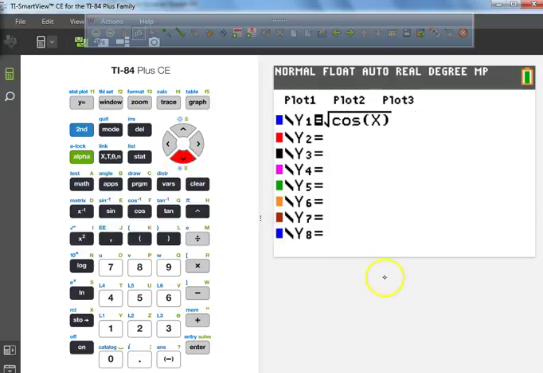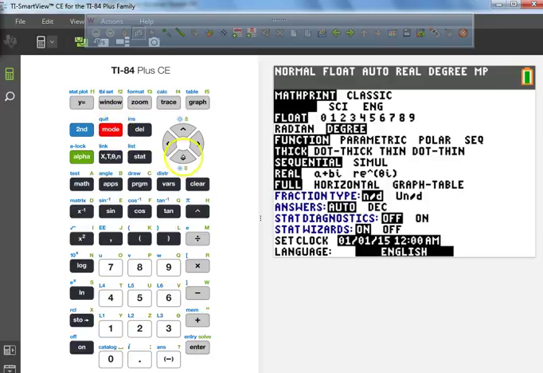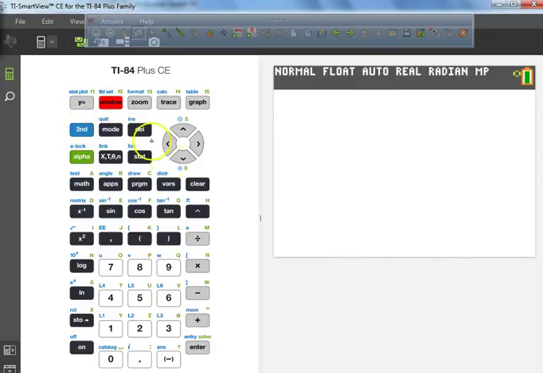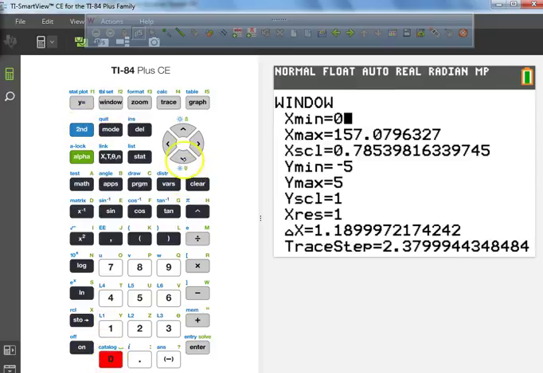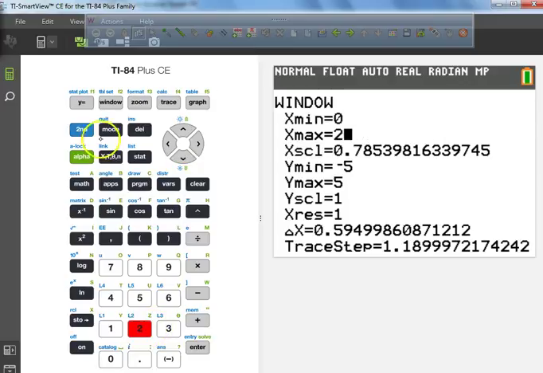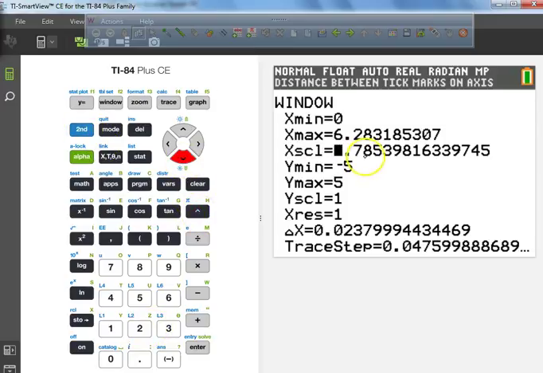What do we have on the right-hand side? 2 cosine of x minus 1. I'm changing my mode right now to radian mode. I'm going to change my window back to 0 and 2 pi, keeping my x scale at pi over 4, and I'm going to hit graph.